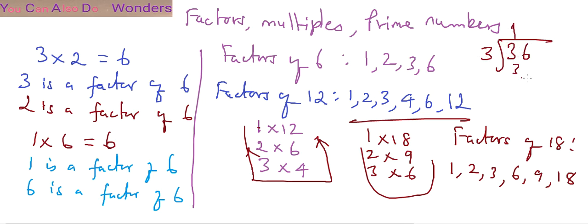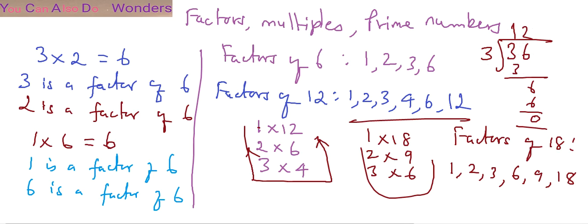So you get 12 and remainder 0. If the remainder is not 0, then it's not a factor, but here the remainder is 0. So 3 is a factor of 36. What is the quotient? The quotient is 12. Therefore 12 is another factor of 36. In other words, if you divide 36 by 12, you will get 3. If you divide 36 by 3, you get 12.